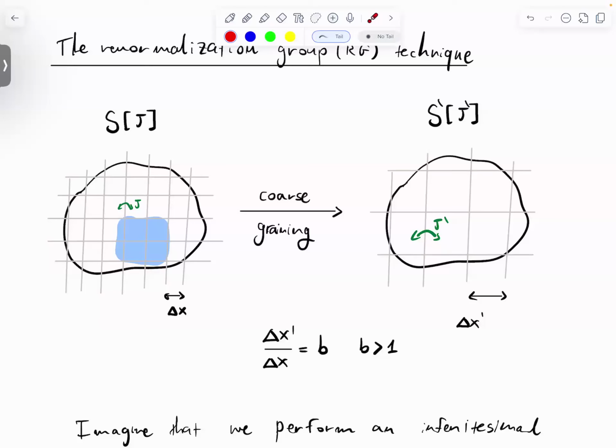The reason it works is because the theory is self-similar. Everything we did, we do it exactly. You'll see that what we actually do is integrate out the short wavelengths out of our theory.